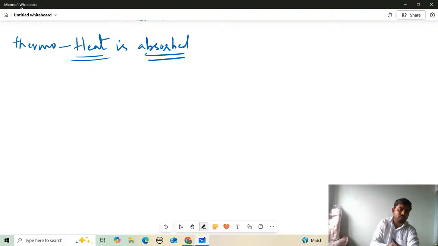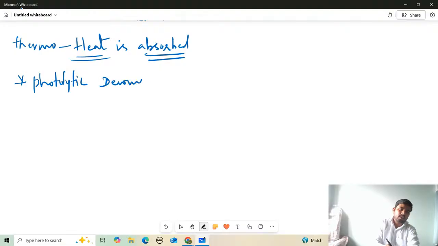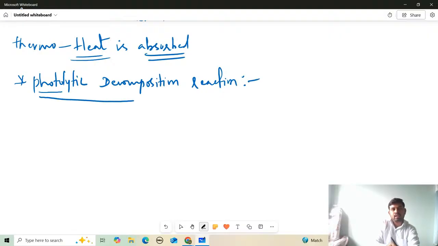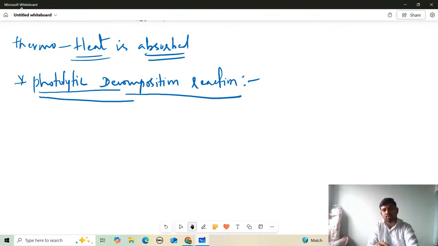The second type of reaction is called photolytic decomposition reaction. Here also a single reactant produces two or more products on absorption of light energy.